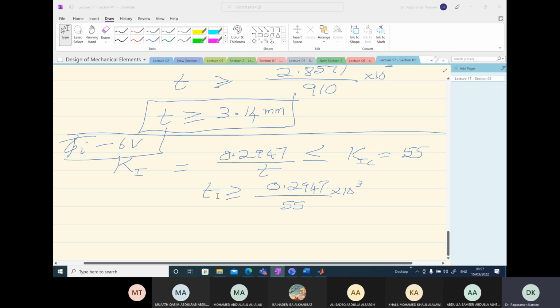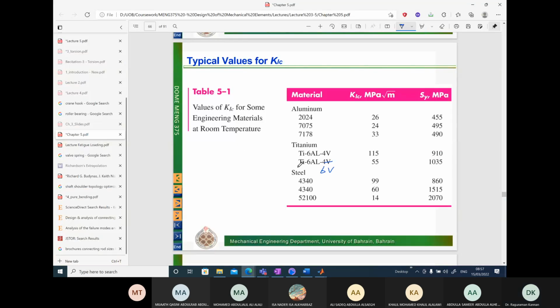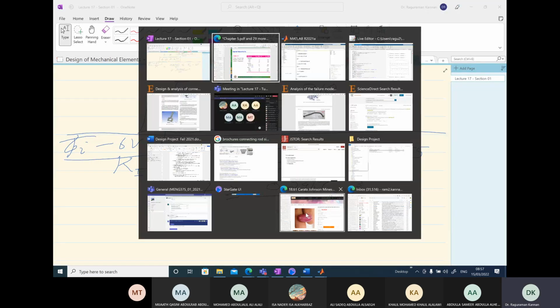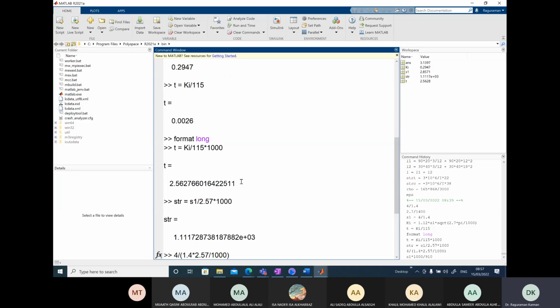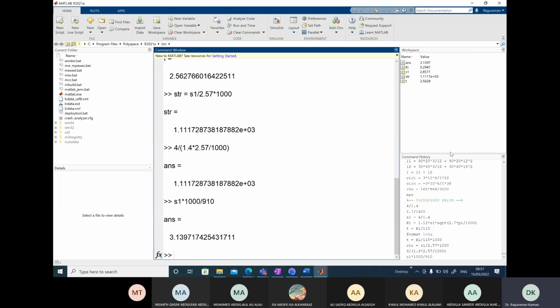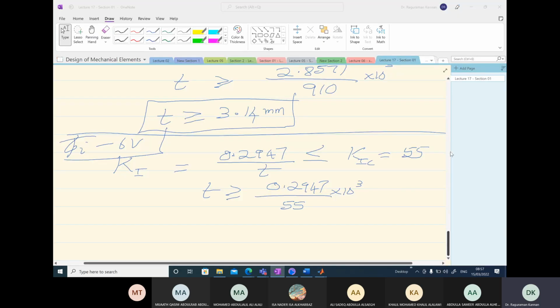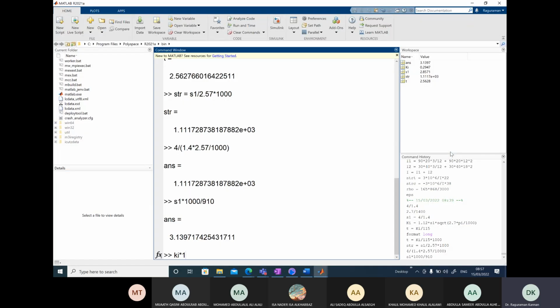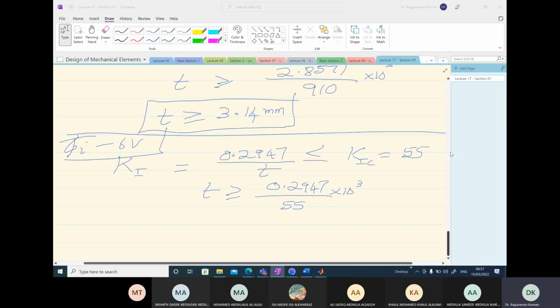The thickness, to the MATLAB, we need to see where 2947 is KI, so that is stored in KI. We use KI times 10 power 3 divided by 55.